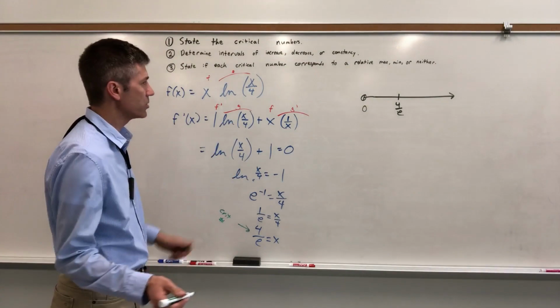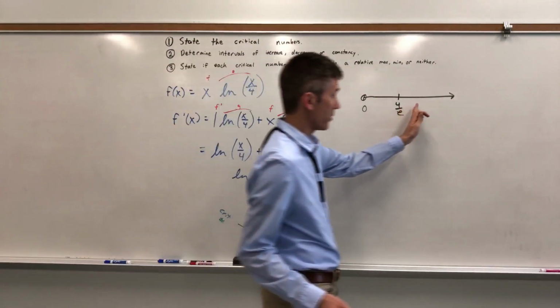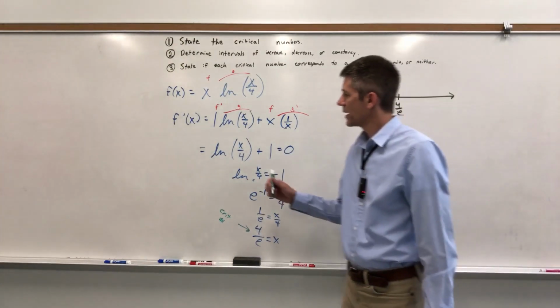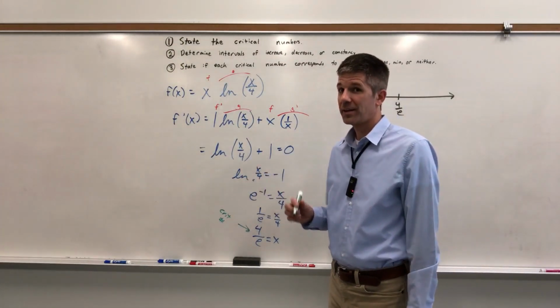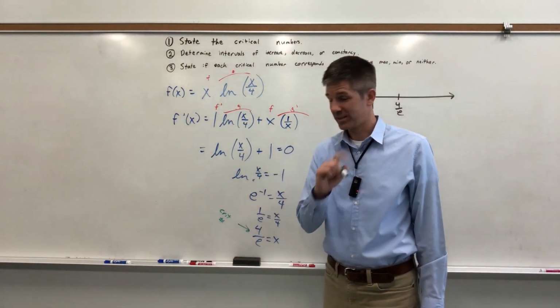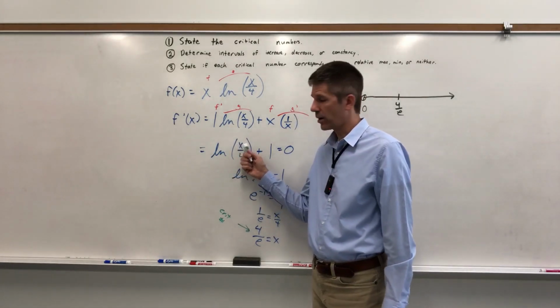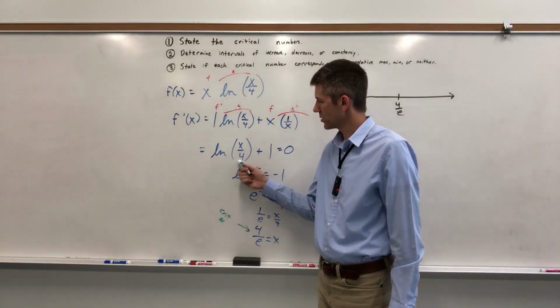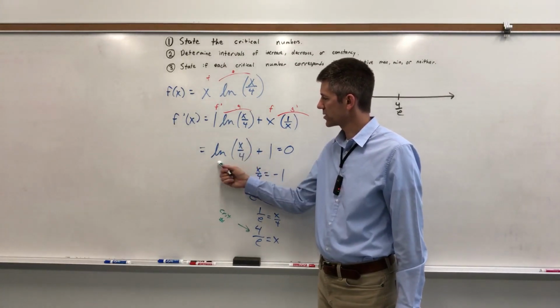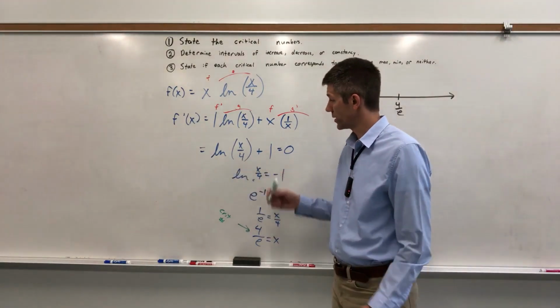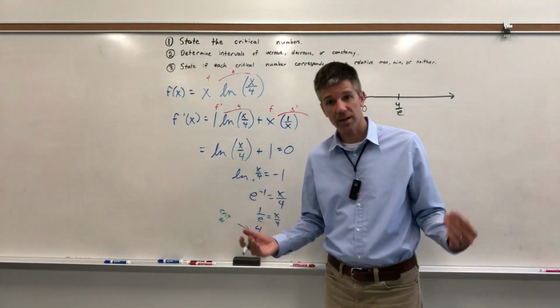And the number I choose from this interval is, check this out, this is beautiful, 4e. Watch this. If I plug a 4e right here, 4 will cancel, and I'll be left with the natural log of e, which is 1. And then I'll have 1 plus 1, which is 2, which is positive.